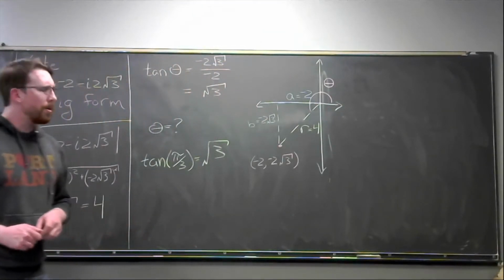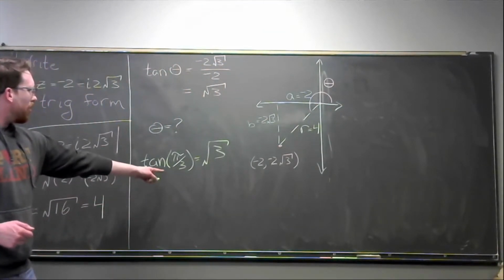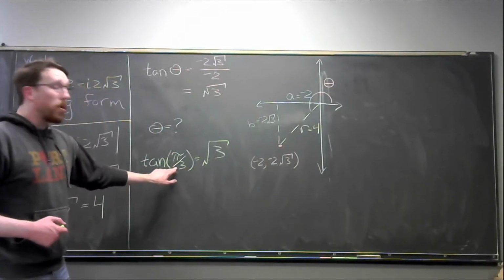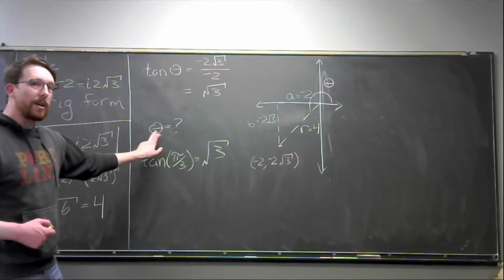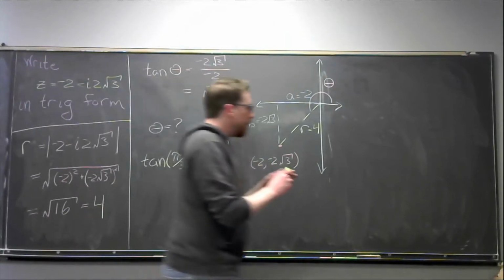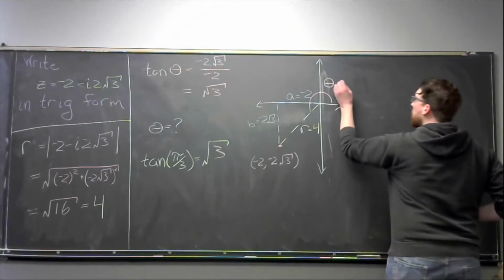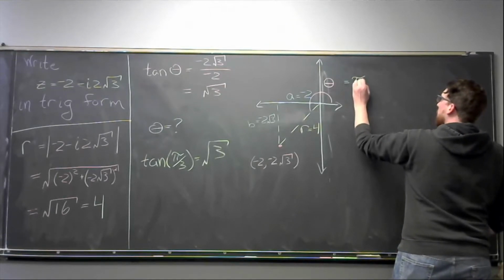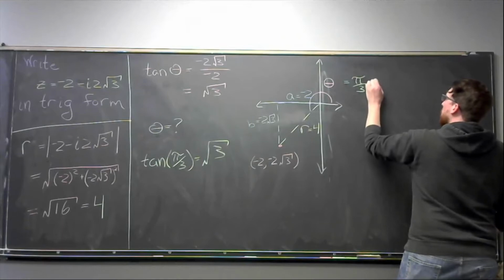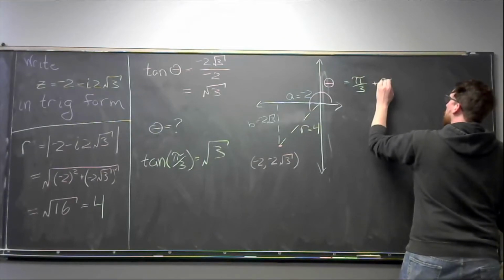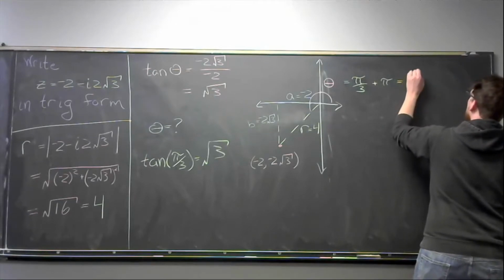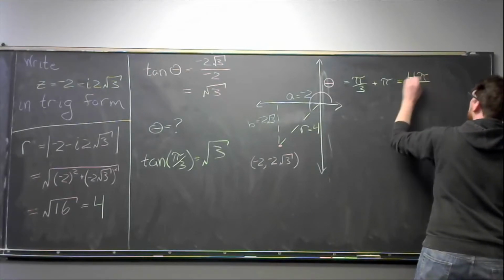Yeah. So if we add pi to this pi over 3, that's going to give us theta. So theta is going to be equal to pi over 3 plus pi. Or we can say 4 pi over 3.